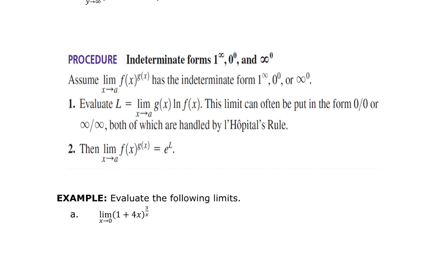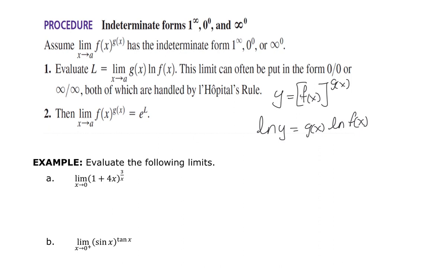We have this rule that says if y is equal to f of x raised to the g of x function, then I'm able to take the natural log of both sides. I have the natural log of y, and we know this other side will become g of x multiplied by the natural log of f of x.